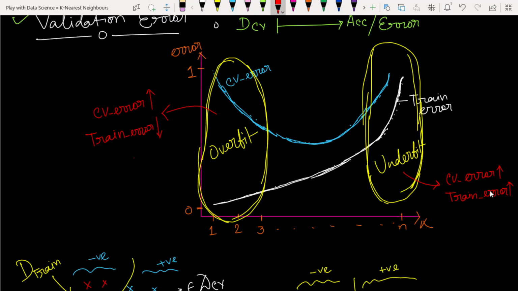Okay, I think this concept is clear. In the middle we get the perfect k, where the two errors are approximately equal.